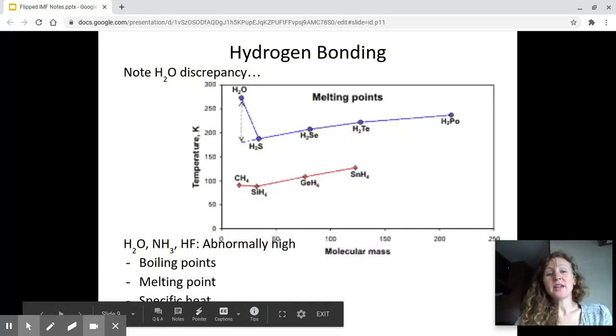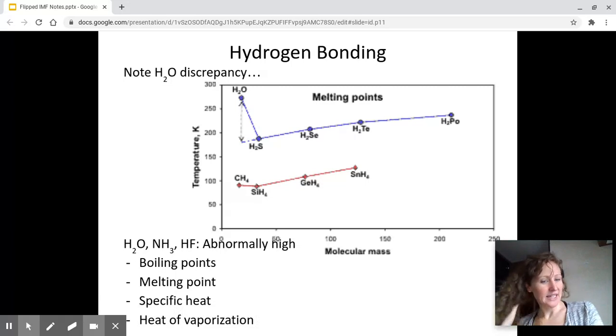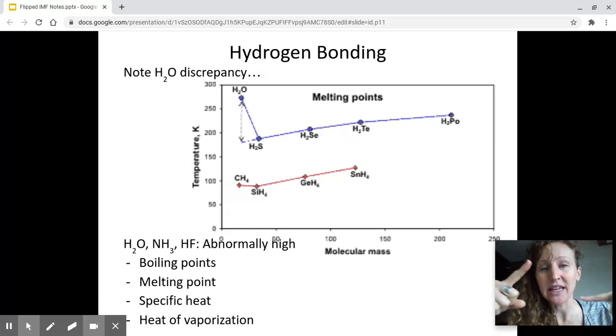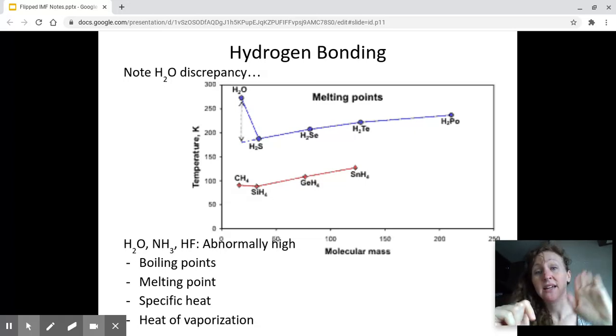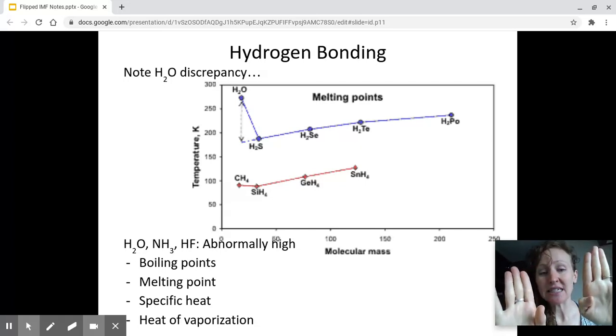Okay, so let's talk about what hydrogen bonding is. Hydrogen bonding is when two molecules that each have a dipole and are attracting each other both contain hydrogen and one of three elements.